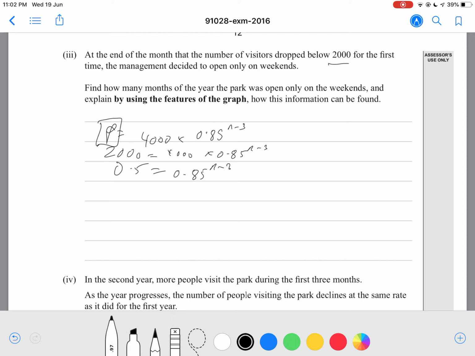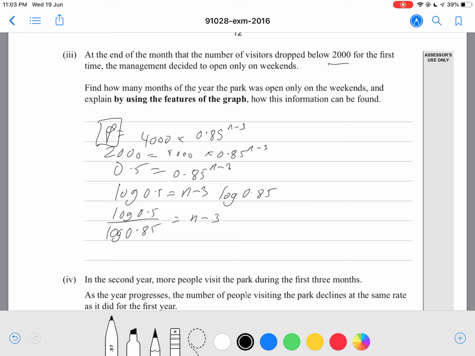Basically, we're going to take the logs of both sides. Log of 0.5 equals, you take the power down, so n minus 3 times log of the base, log of 0.85. You should have this on your calculator. Move the log of 0.85 to the other side, so log 0.5 divided by log 0.85 equals n minus 3.